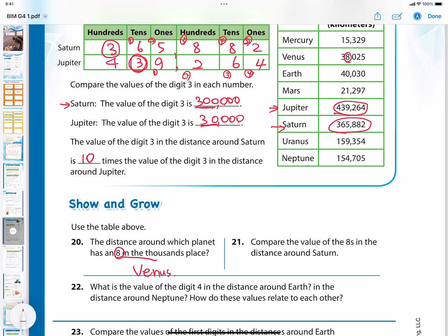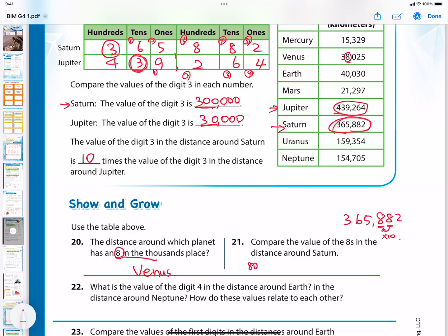Number 21. Compare the value of the 8s in the distance around Saturn. Again, compare 882, you have 365,882. 800 has 10 times greater value than 80. Right? How can you say it?